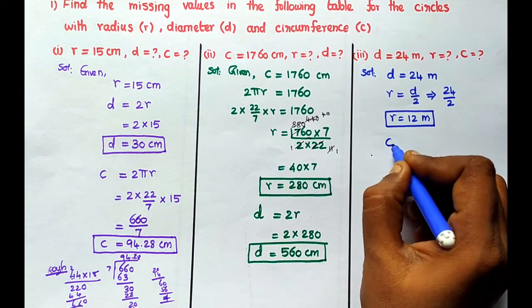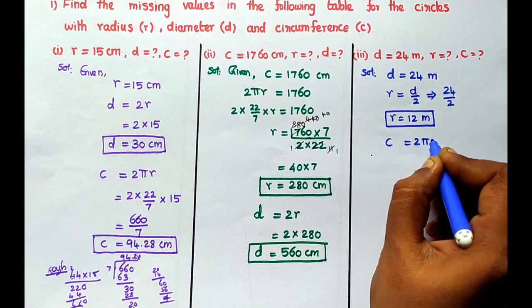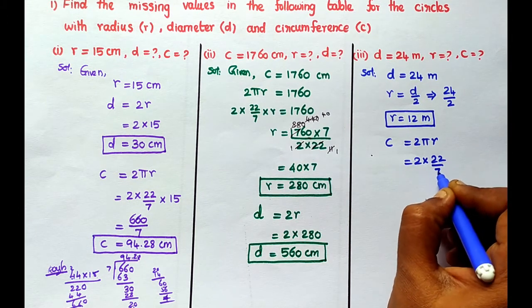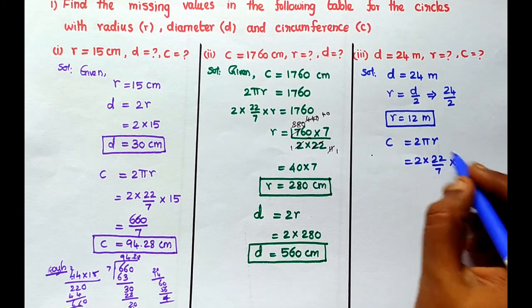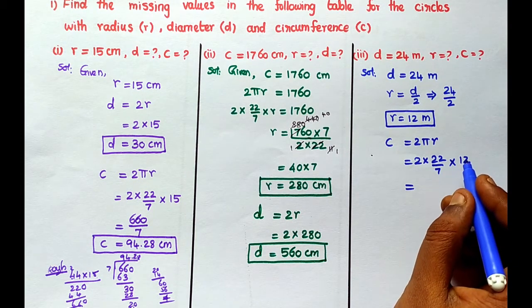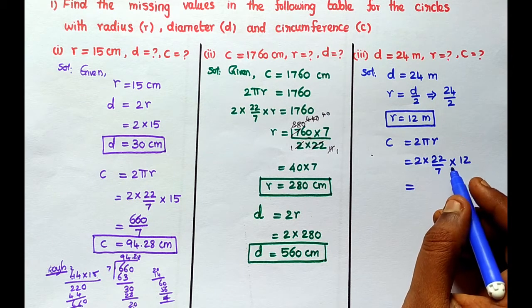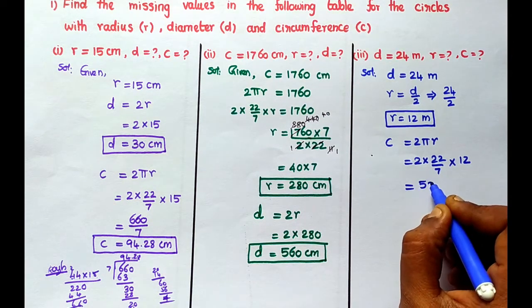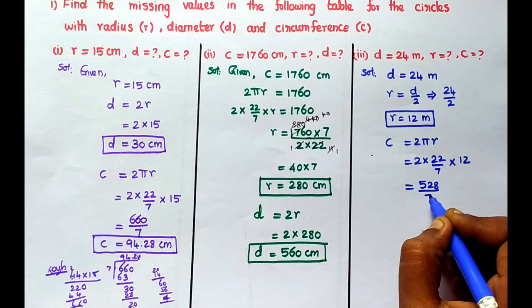Now circumference, 2 pi r. So 2 into 22 by 7 into r, which is 12. 44 into 12, we get 528 by 7.